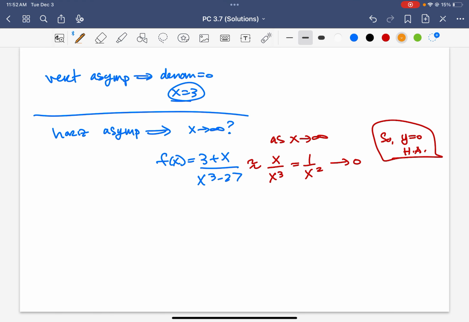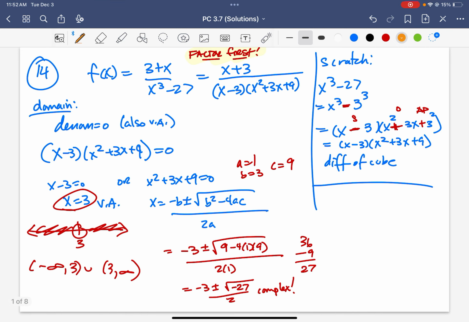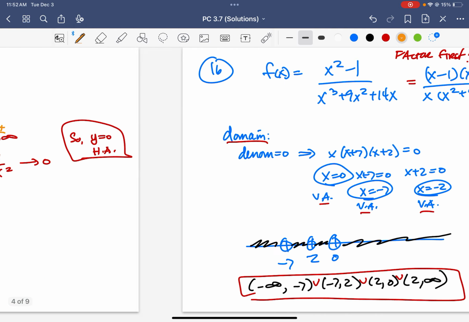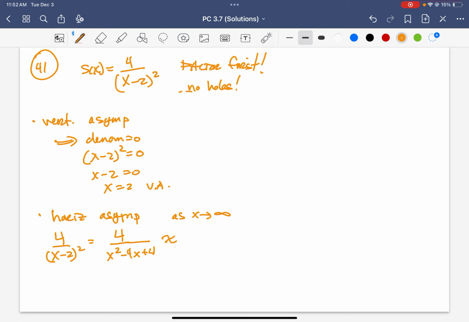It doesn't make a difference. Sometimes it will, but in everything we've done so far, it has not. So here, either way, the top wants to be 4, the bottom wants to be x squared, that just goes to 0. So y equals 0 is a horizontal asymptote.